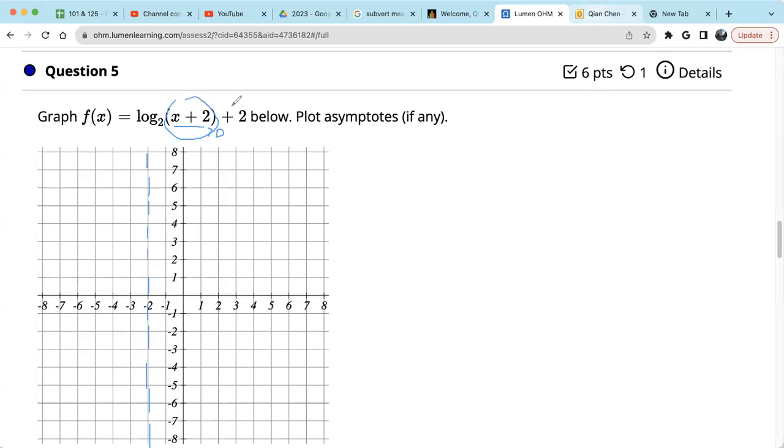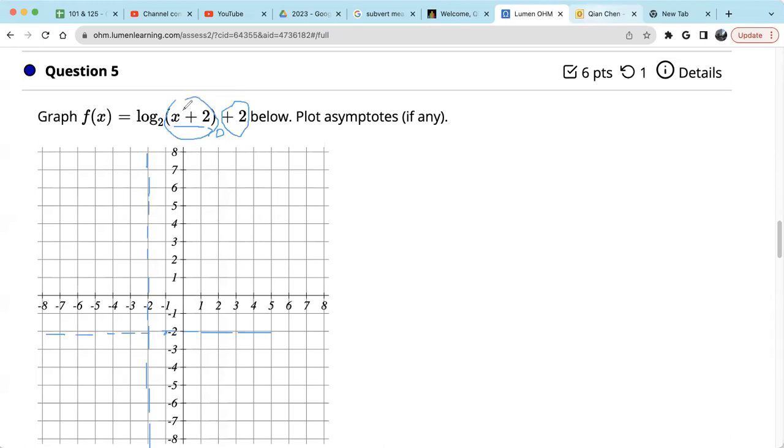Then also we have this vertical shift, right? Vertical shift down 2 units. So that means x-axis being lowered down 2 units. Then we can plug in some easy values, right? Let's see x equals -1. If x equals -1, that's here. -1 plus 2, that's 1.